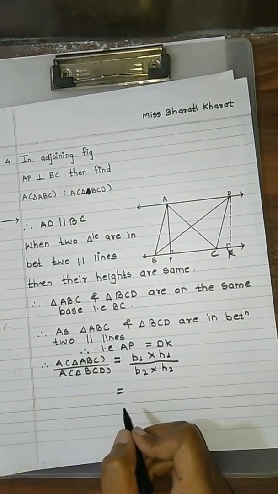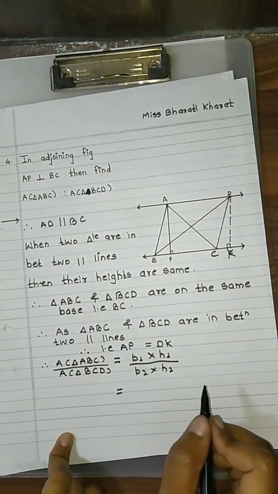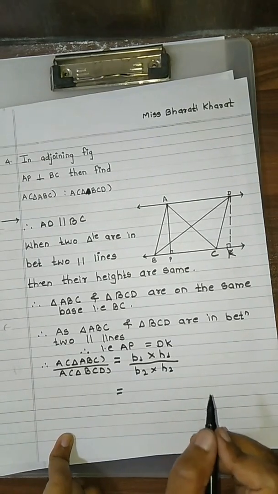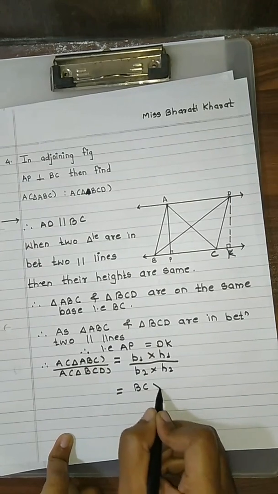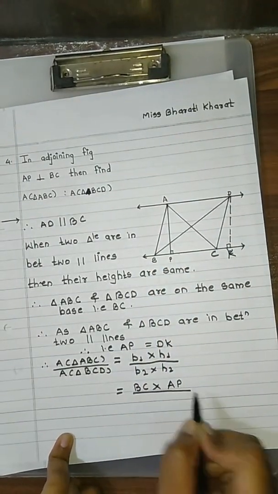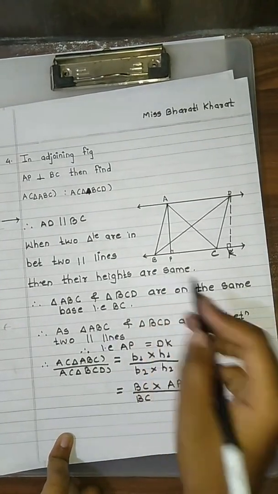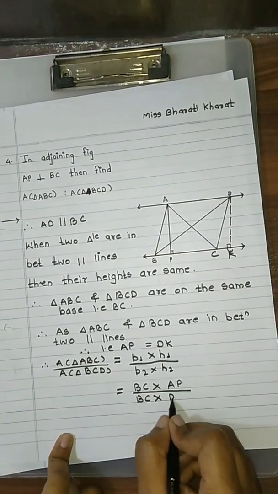You have studied previously that when the base and the height of the triangle is same, then the ratio of the areas of such triangle is 1:1. Now B1, what is B1? That is BC and height is AP. Then B2 is again BC as the base is same and height is DK, that we have constructed.